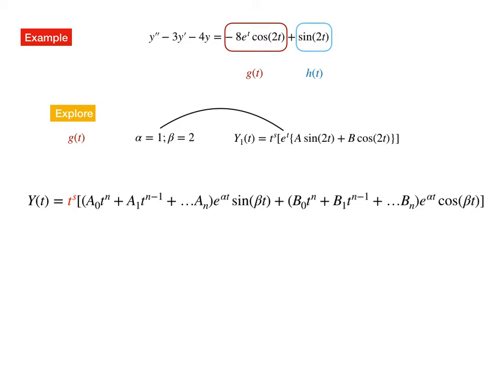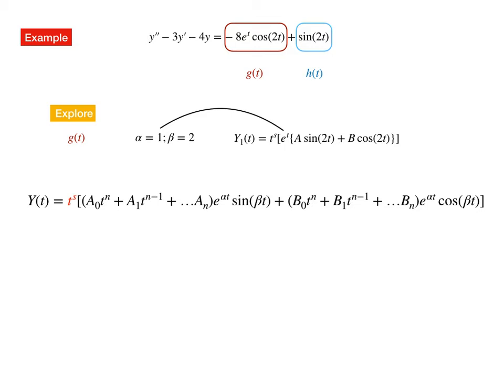So we always start with t to the s, I have e to the t because alpha equals 1, and A is an unknown coefficient of sine of 2t, right? You get it from cosine of 2t, and do not forget to add B times cosine of 2t. In this case, I factor the e to the t out to make the form a little shorter.